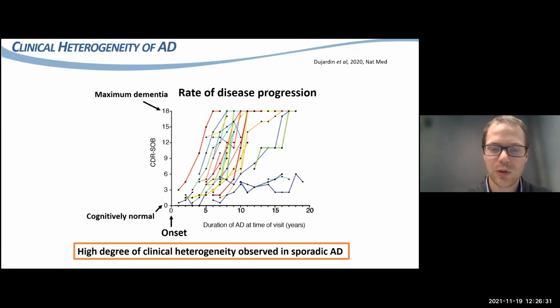And that's where you see that there is a high degree of clinical heterogeneity in AD, with some patients coming a year after onset, and some patients coming 10 years after onset. Some patients progress very, very fast, and some patients never even reach a CDR of 18.